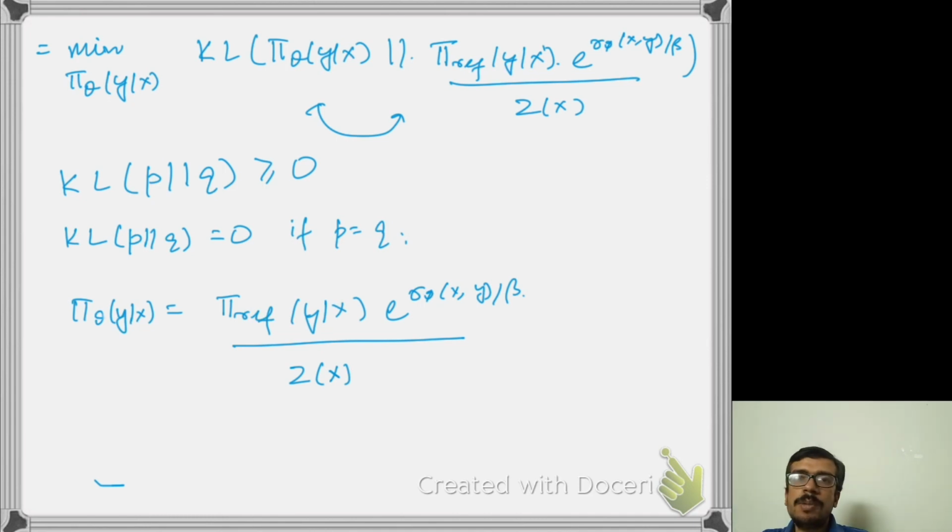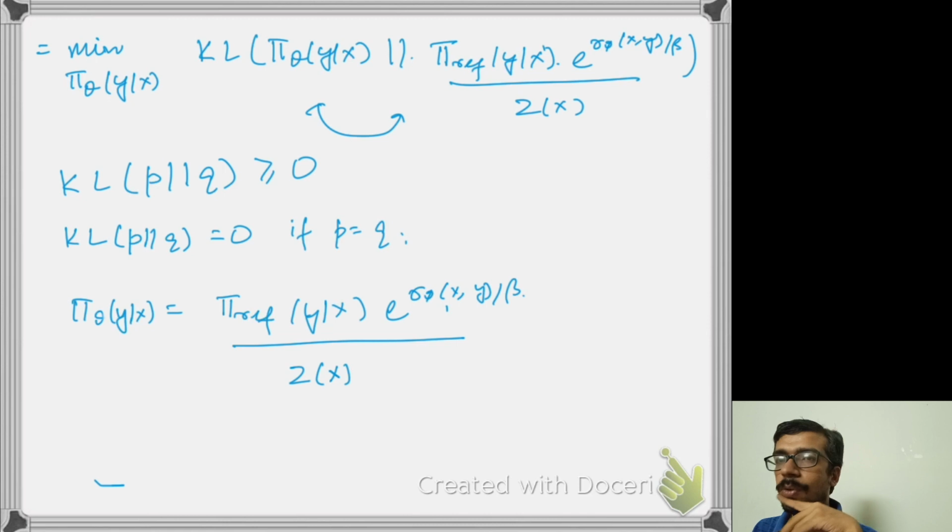So if these two distributions are equal, then the KL divergence will be 0, which means it is something which is going to minimize this particular objective function, right? Which is what we also wanted.